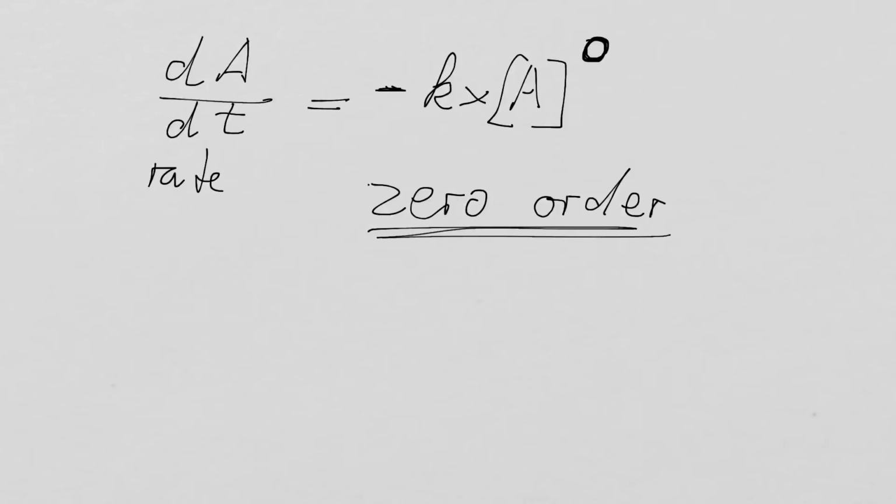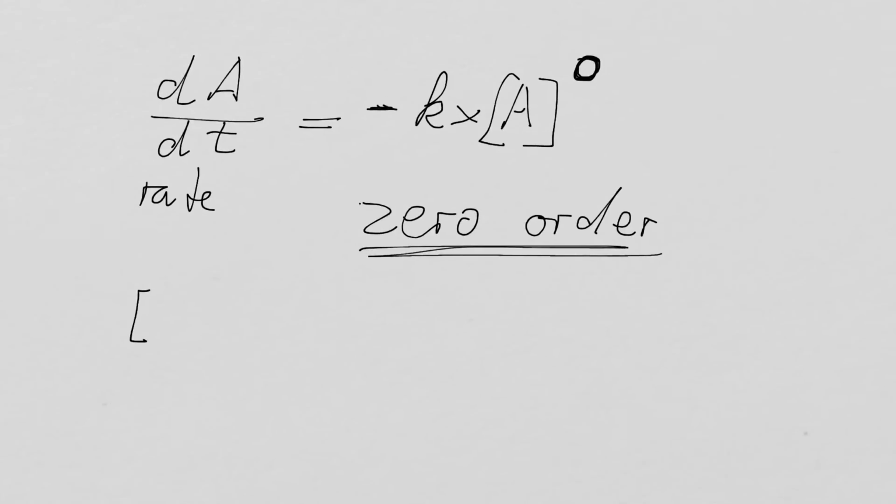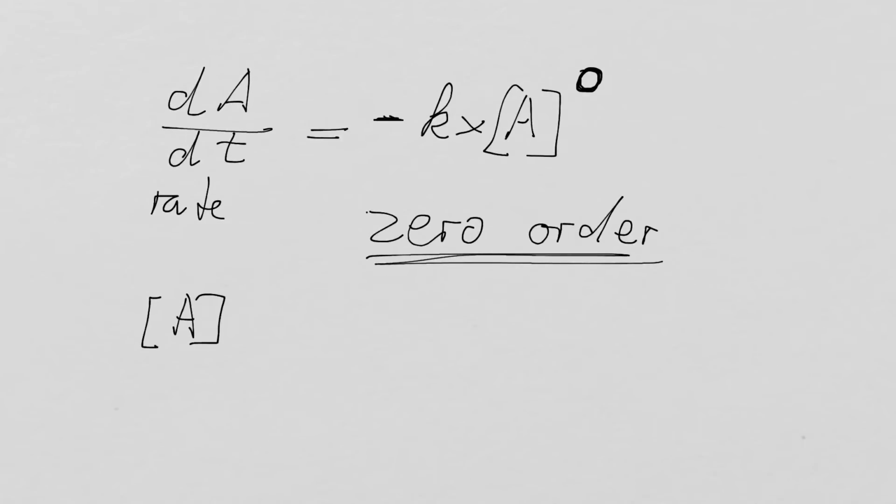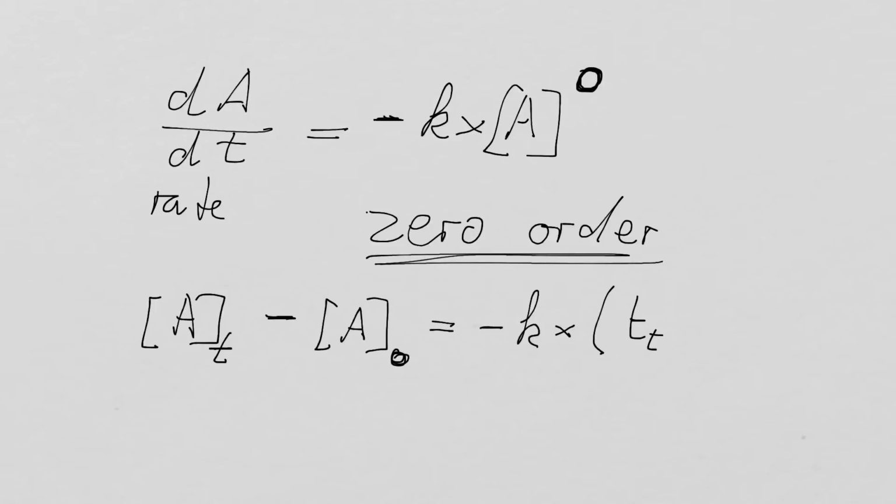And the equation for this zero-order reaction is actually the concentration of A at a given time, and I indicate that with a subscript t, at any time, minus the concentration at the starting time equals minus k times t, the time where we want to look at it, minus the time at the start.